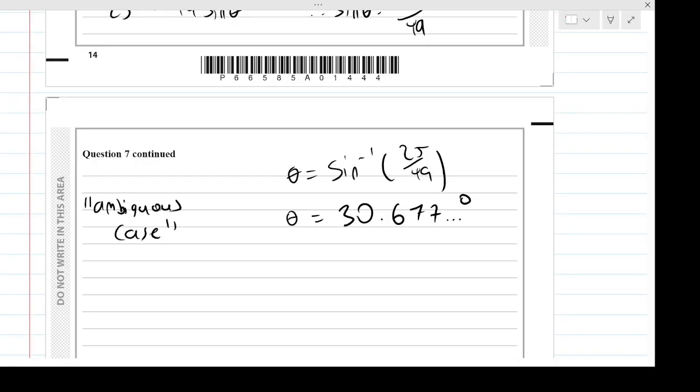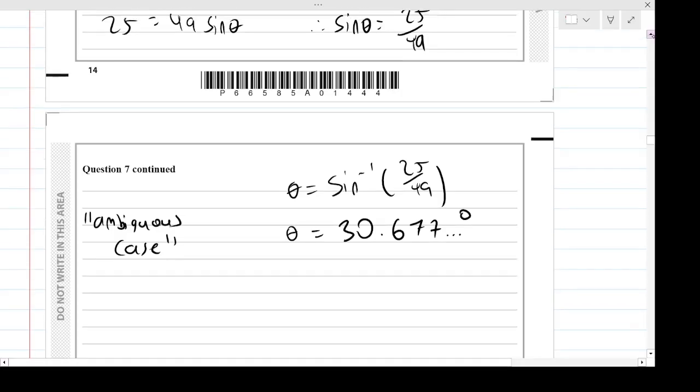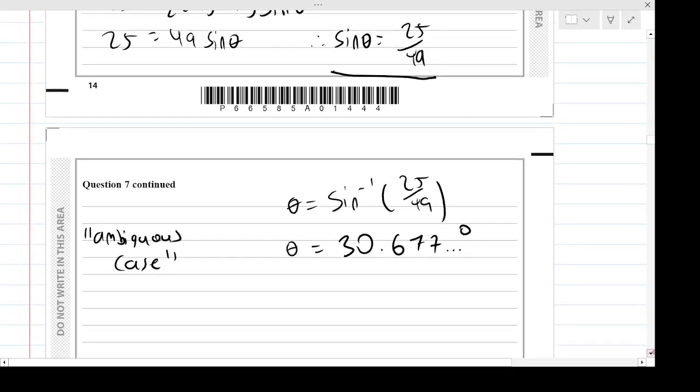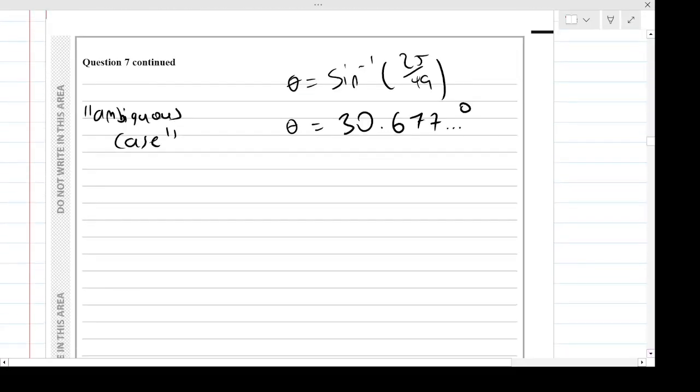Okay. So when we're dealing with angles, particularly this is to deal with sine. Sine theta always produces two possible solutions in this case. So what we always must be doing when we're solving for sine to get the angle is remember there'll be another solution.